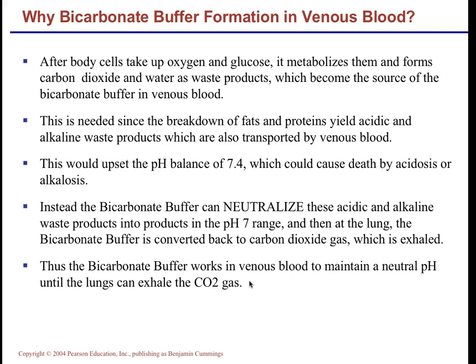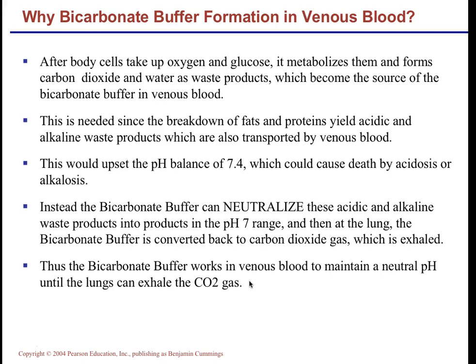And the weak acid or the weak base form of the bicarbonate buffer system is in the 7 range. So then what's going to happen is you transform the strong acids and bases by the bicarbonate buffer system into weak acids and bases in the pH 7 range.